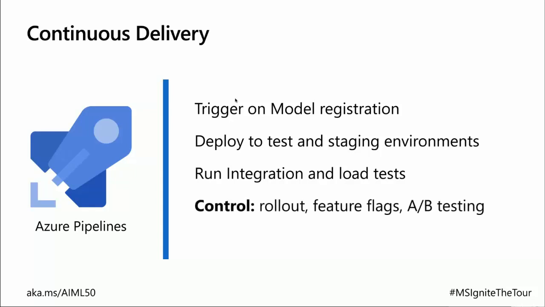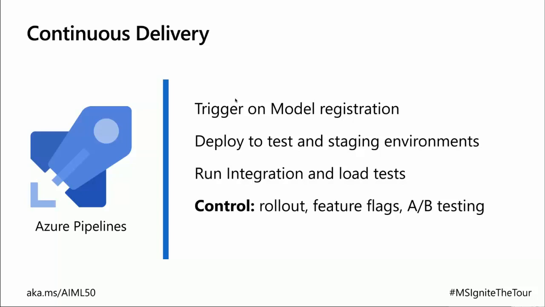So if I added to that Azure Machine Learning pipeline and just deployed whenever I created a new model, I don't get the opportunity to run tests on my test and in staging environments. I don't get the opportunity to control my rollout to those environments, maybe do some A/B testing, maybe enable the new model for only a subset of people using feature flags.